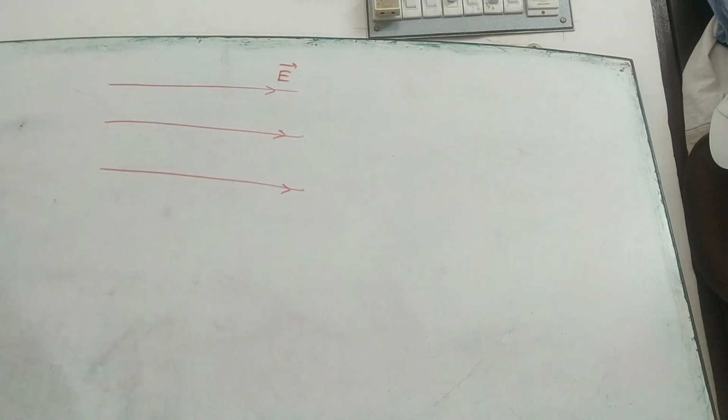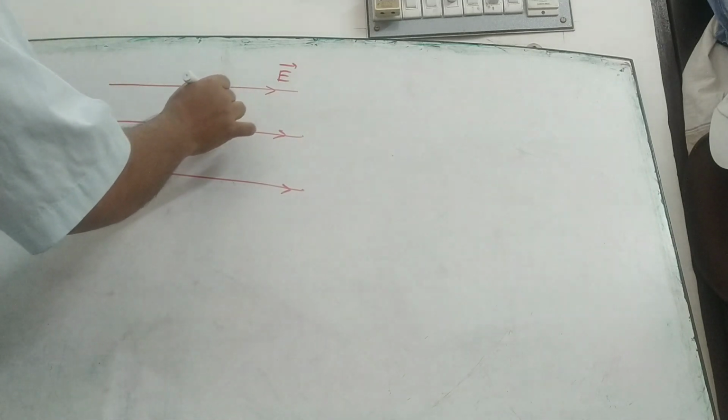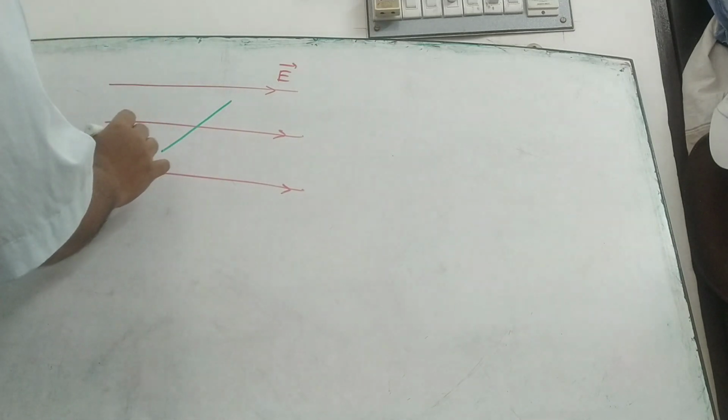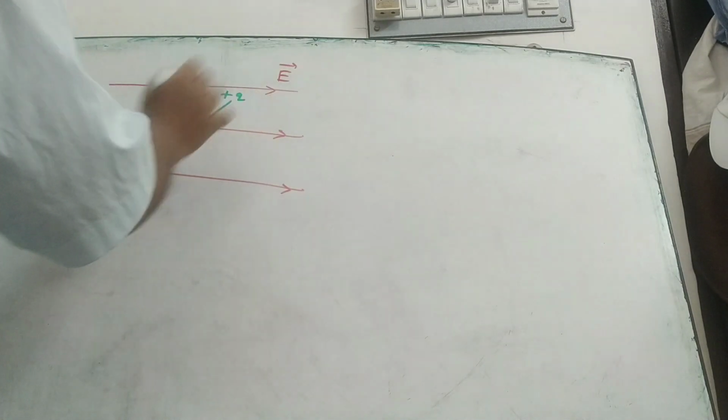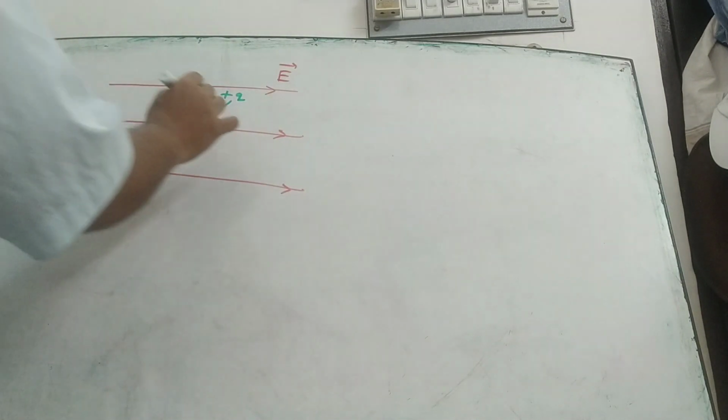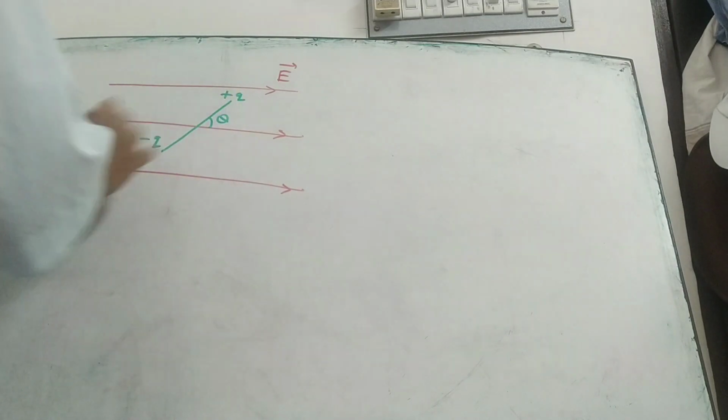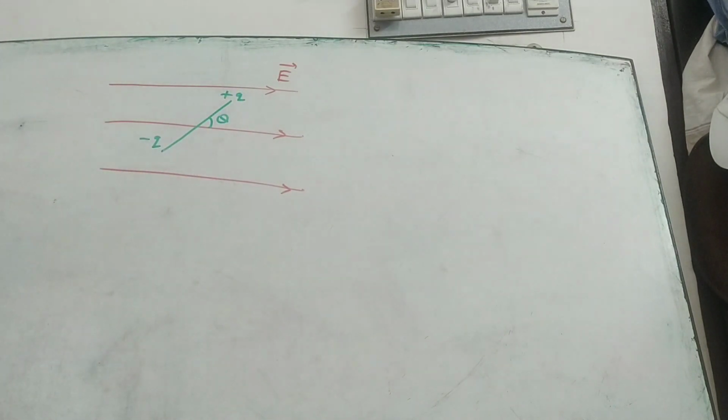This is a uniform electric field having electric field strength E. An electric dipole is placed which makes an angle theta with the direction of the electric field.